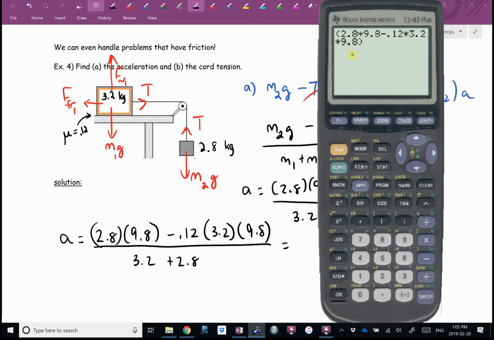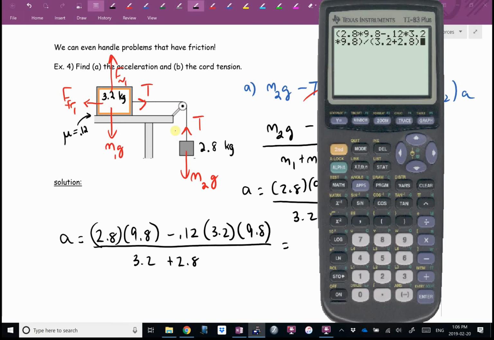And again, you'll notice I use brackets to show multiplication, Logan, when I handwrite, but I just use the times sign to show multiplication because I think that's way easier to read. Divided by, open up a bracket, 3.2 plus 2.8. There is a built-in error check. If we cut this rope, what's the fastest that this could possibly accelerate at if it was in free fall?